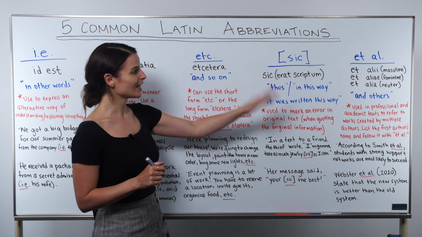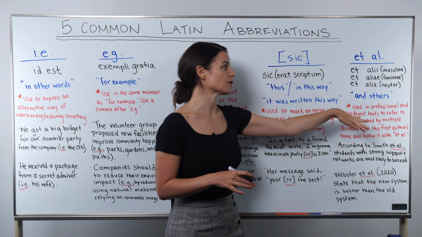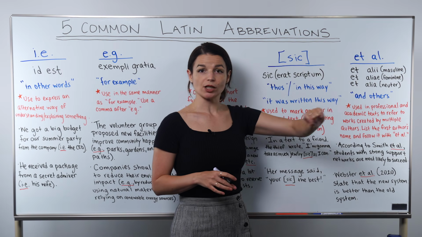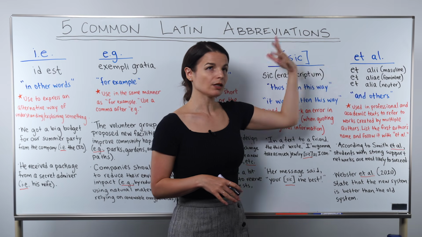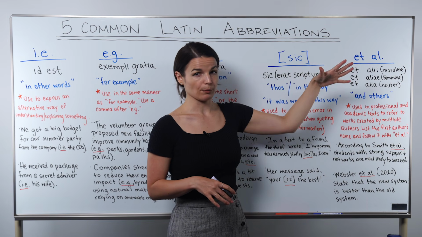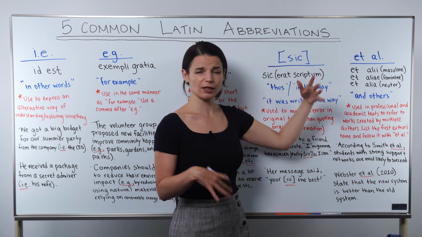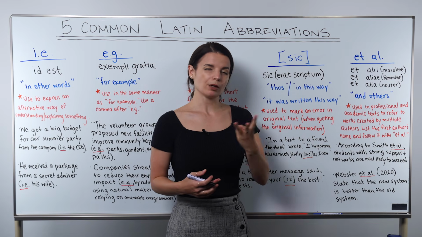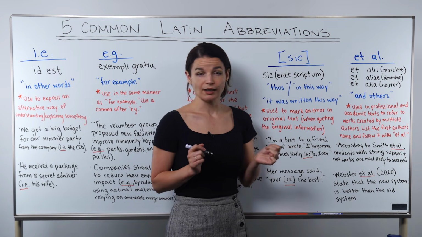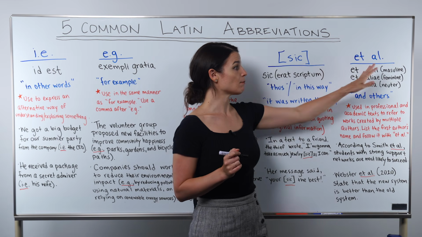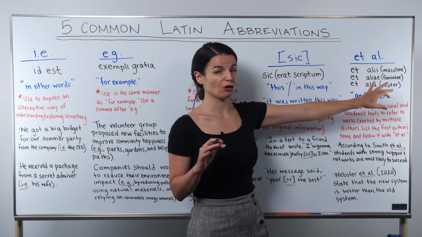Okay, great. Let's move on to the very last one for today, "et al." "Et al." with a period after "al." So this "et al." we usually see in more formal types of writing. And according to some sources, there are three possible ways that we could understand the original Latin with "et al." So this could be the masculine or the feminine or the neuter form.